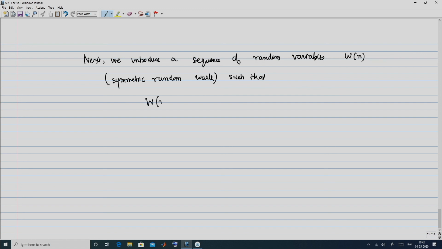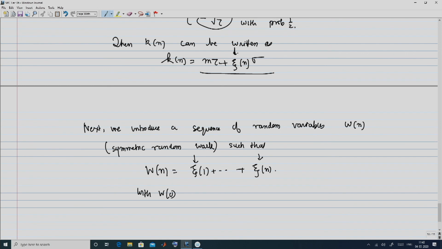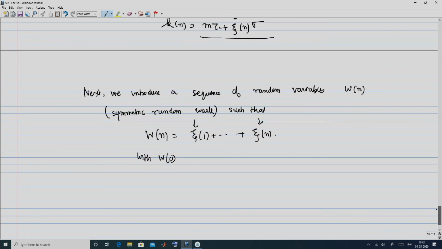It is going to be nothing but the sum of xi 1 plus all the way to xi n, with W0 equal to 0. I have been calling it zeta, but please note that this is xi. So, xi of n I can write as W of n, which is the sum of xi's up to n, minus W n minus 1, which is the sum of xi's up to n minus 1, leaving only this xi of n.